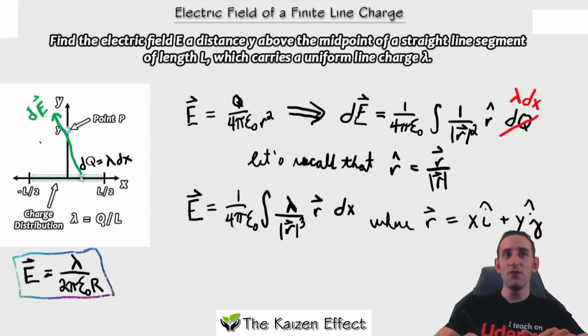Let's say you take this dq, this charge on the line charge, and we're going to say, hey, I'm going to take a look at the same charge, maybe right here. Same distance, but in the opposite direction. And we know that that's going to provide an electric field that goes something like that.